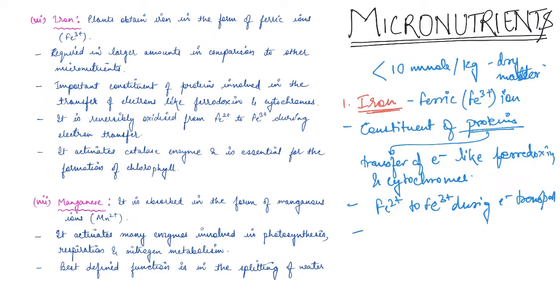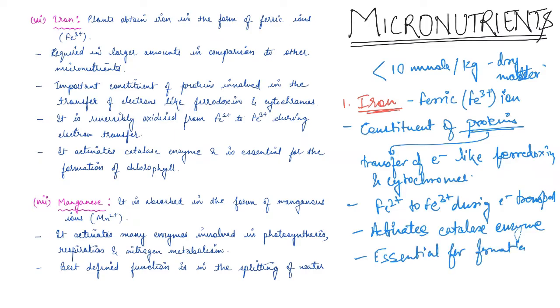It also activates the catalase enzyme, and it is essential for formation of chlorophyll. So you can see that it is an important micronutrient. It has a lot of functions in a plant system, right?